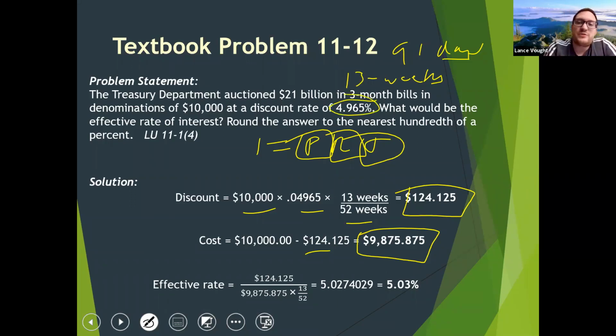So even though your interest rate is 4.965%, the actual amount of interest that you're generating based on the amount you've actually paid out is 5.03%, because remember, you factor in the proceeds value, not the face value, to determine the effective rate.